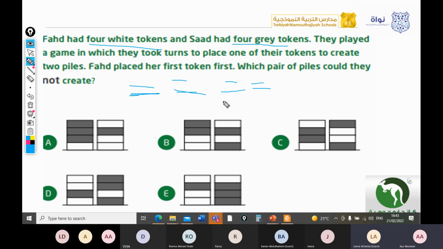No. 1 white, 1 gray, 1 white, 1 gray. Maybe vertical, maybe horizontal, but the important thing is not to put the same color 2 times. Till now, no one is correct.